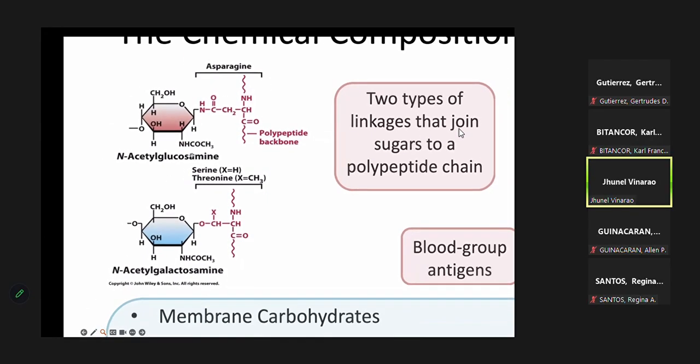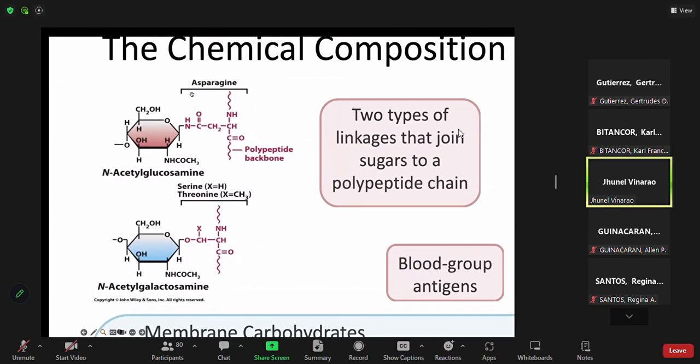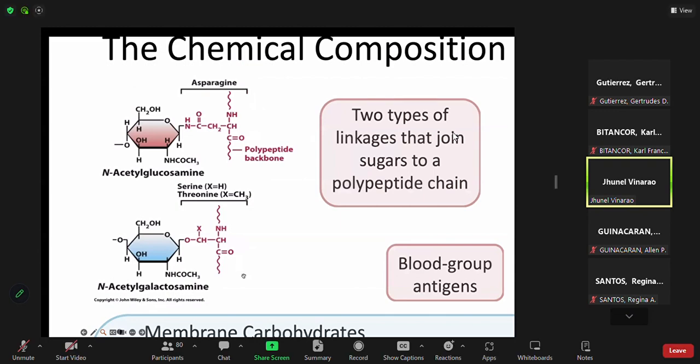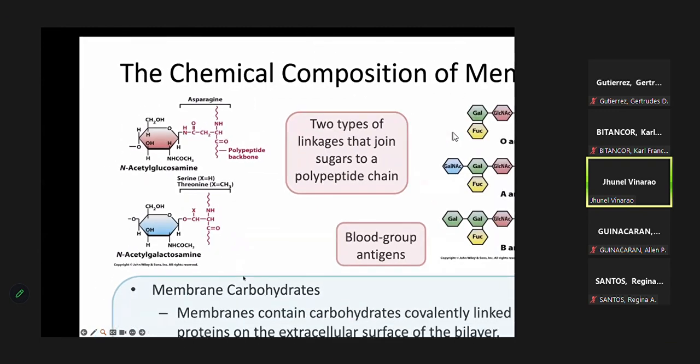But for O-linked glycosylation, the amino acids involved are serine and threonine. This is an acetylglucosamine, and below, when you have serine or threonine, this is an acetyl galactosamine.